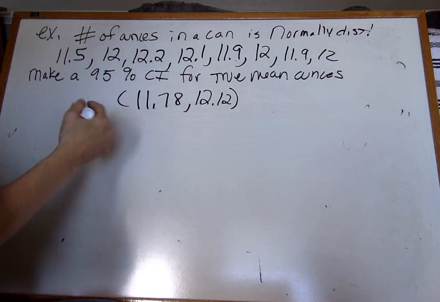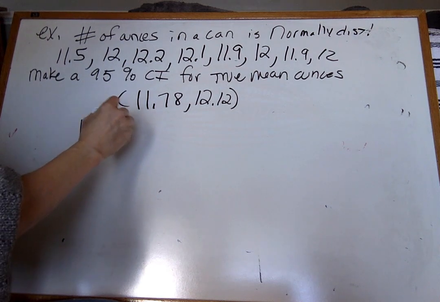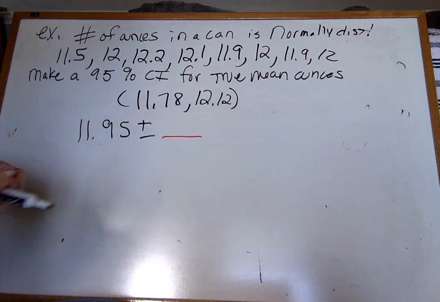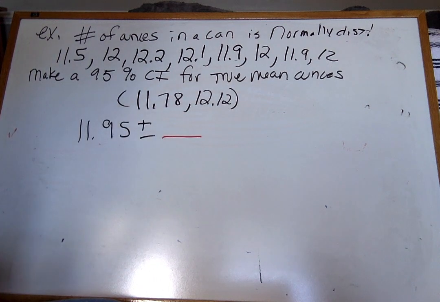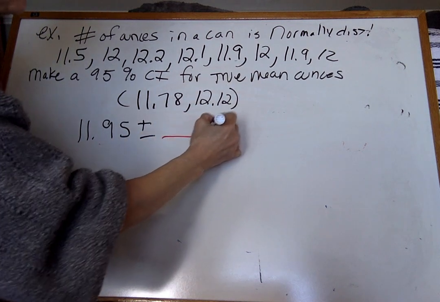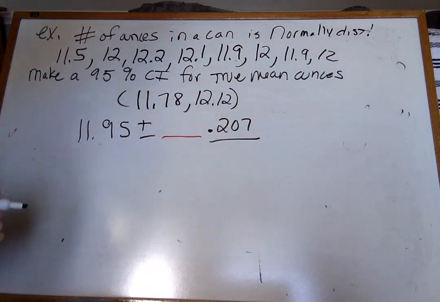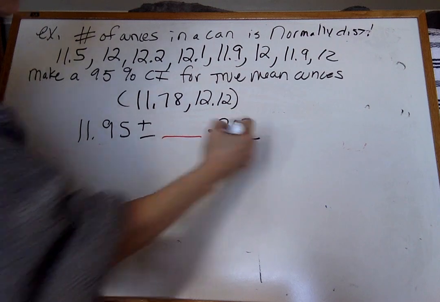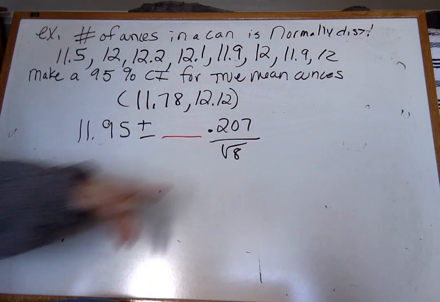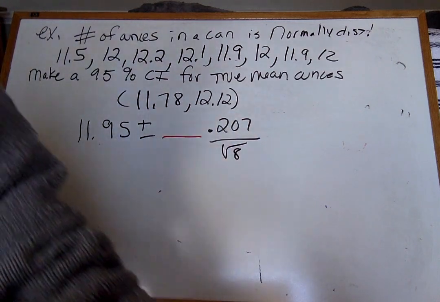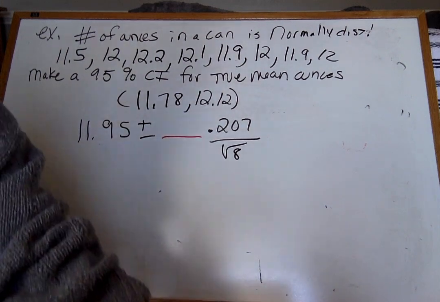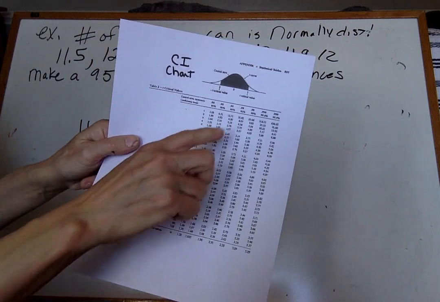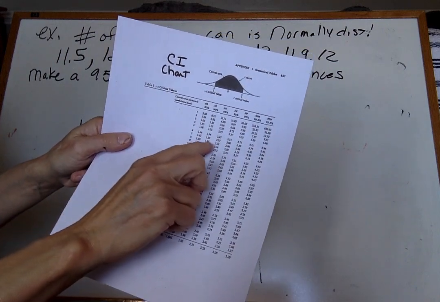You should see that your X bar is 11.95. We'll come back to that T value. You should see your S is 0.207. And then, of course, our N was 8. Very small sample size. We're still at 95%. N is 8. Degrees of freedom is 7.